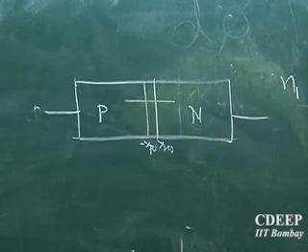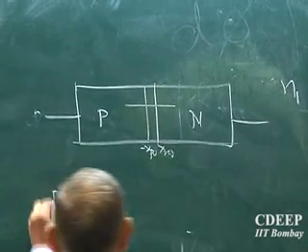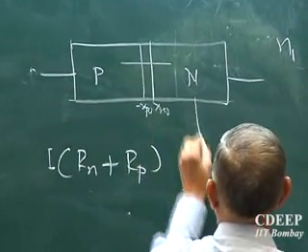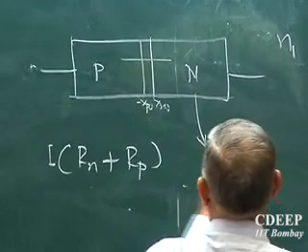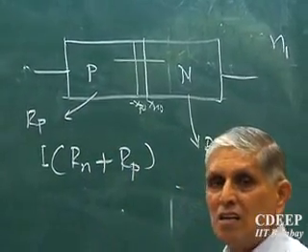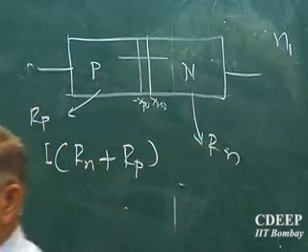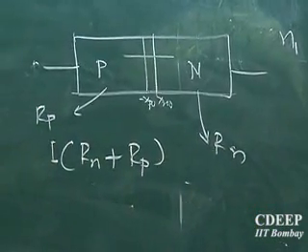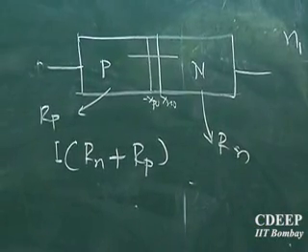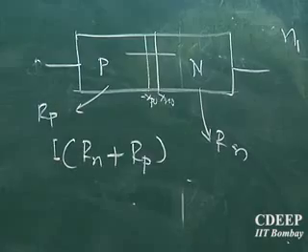So there will be a drop of I into (Rn plus Rp), where this has a resistance equal to Rn, this has a resistance equal to Rp. How do I calculate R? If I know the conductivity, that is q mu n, I know the resistance, R equals rho L by A. So by size, I know the resistance of that region.